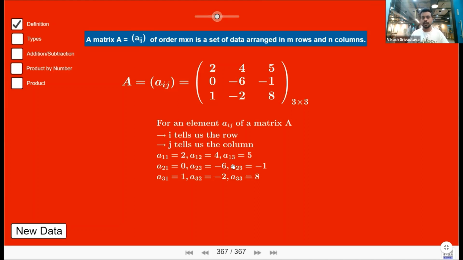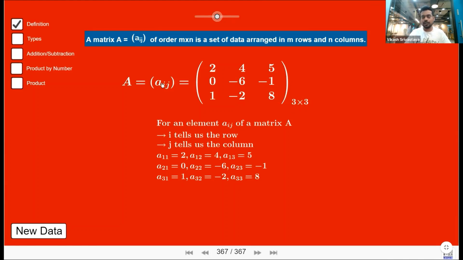As you all know, a matrix A is defined as data arranged in m rows and n columns. Whenever we say that a matrix is a set of numbers arranged in m rows and n columns, we say that the order of this matrix is m cross n. So if this is a 3 cross 3 matrix, it has 3 rows and 3 columns.